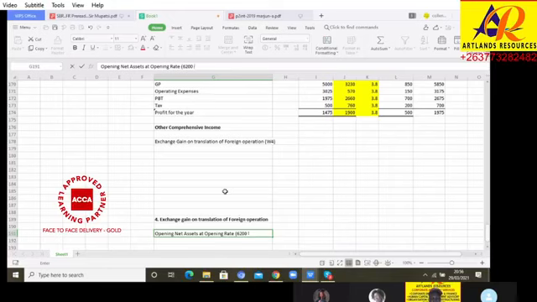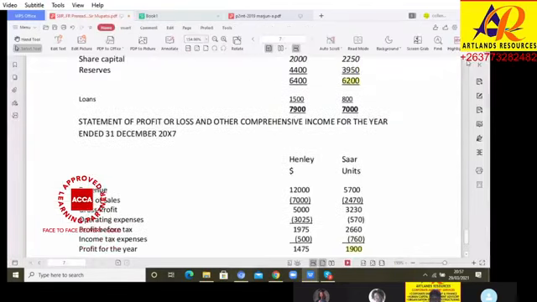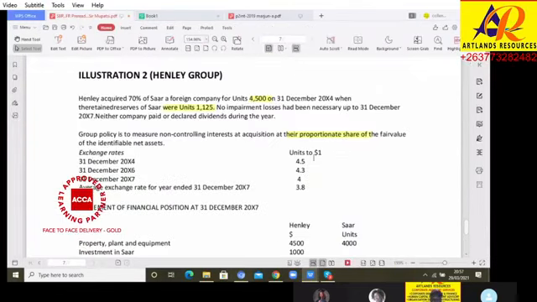Then you say less profit for the year to bring it back to opening profit for the year of 1,900. So opening net assets, they become 4,300. At opening rate was how much? Meaning the rate for 20x6 is the opening rate.